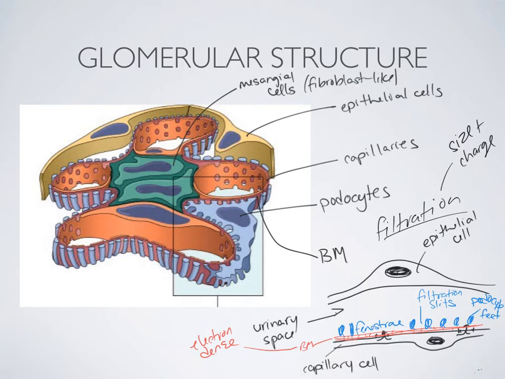So there's 3 layers, right? First, particles have to get through the fenestrae, then they have to diffuse through the basement membrane, and then they have to get through the filtration slits of the podocytes. So we have 3 layers to make sure that we only let through particles of the right size and charge.